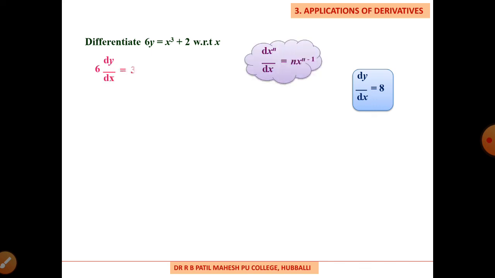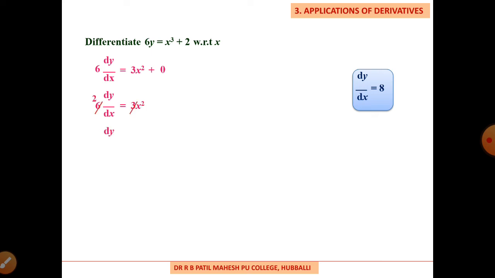So first you have to differentiate 6y equal to x cube plus 2 with respect to x. So the derivative of 6y is 6 times dy by dx, equal to the derivative of x cube, which is 3x square. The derivative of 2 is 0. Now this implies 6 times dy by dx equal to 3x square.